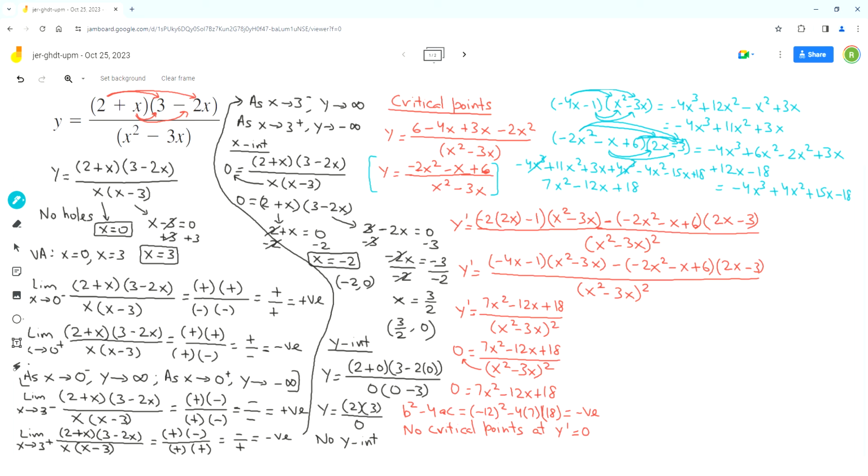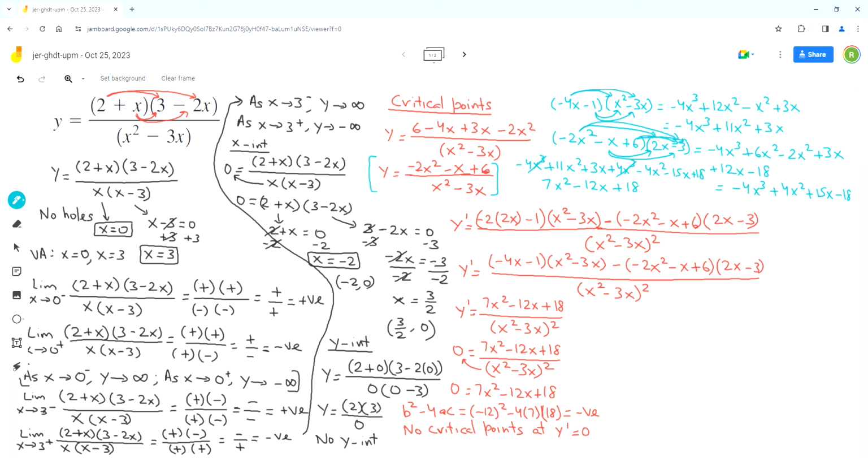Now in this expression, the degree of the denominator is equal to 2 because that's the highest power on x in the denominator. So to find the horizontal asymptote, we'll have to divide each term in the numerator and the denominator by x raised to the degree of the denominator, which is x².